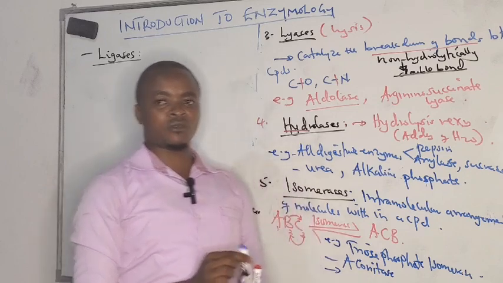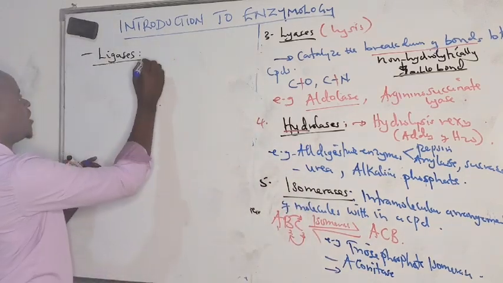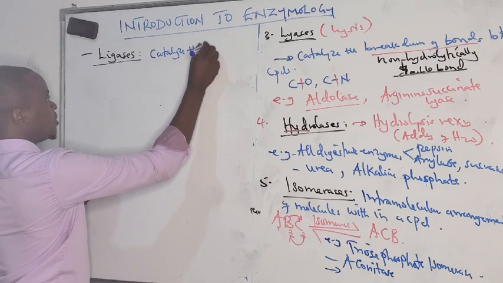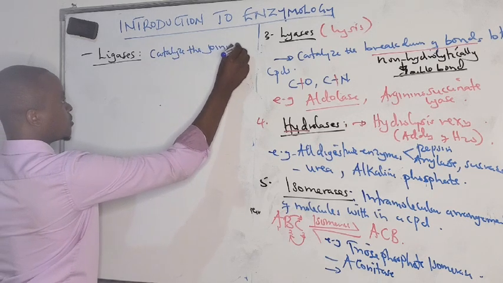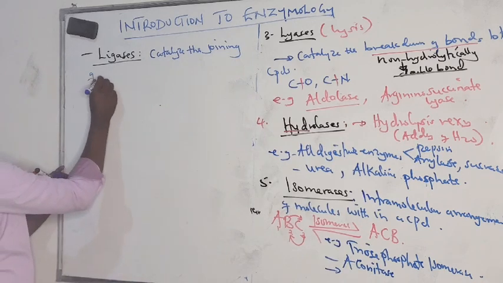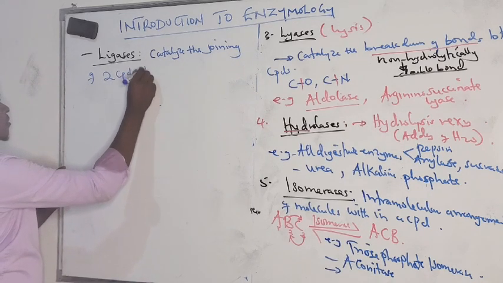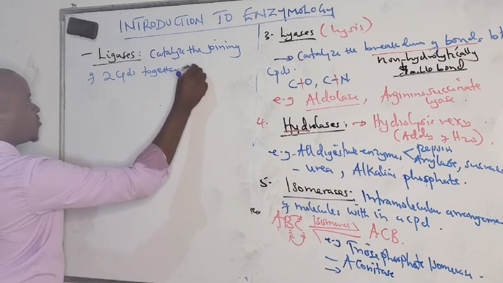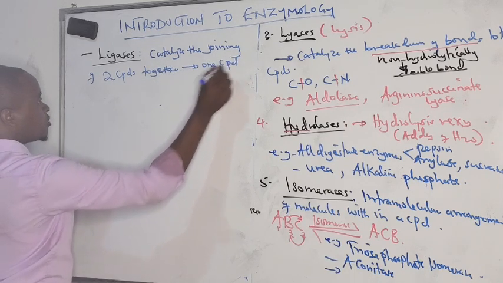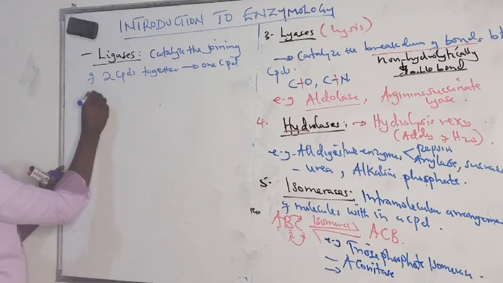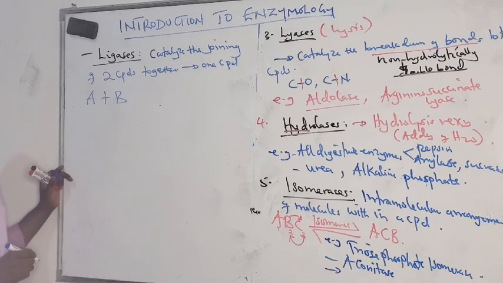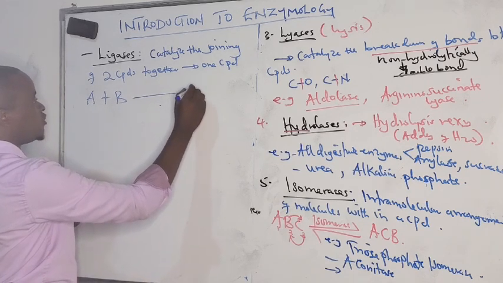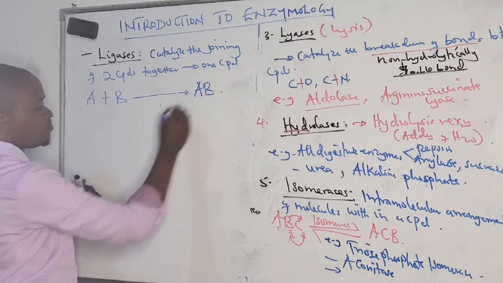So ligases catalyze the joining of two compounds together to form one compound. When I have two compounds, for example, A plus B, in the presence of a ligase, they are joined to form AB.